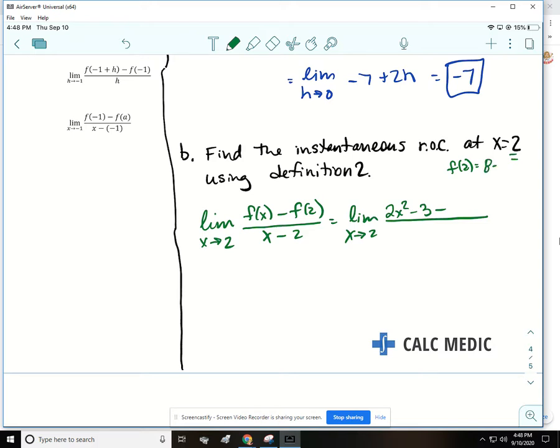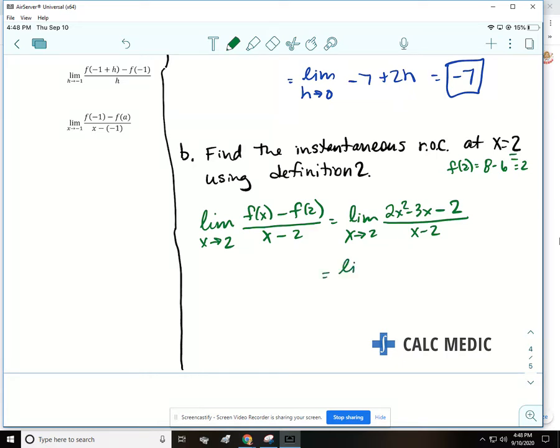And then 3 times 2 is 6. So that should be 2. I left out an x there on that 3. Let me make it look right. So minus 3x and then minus 2, and then that's over x minus 2.